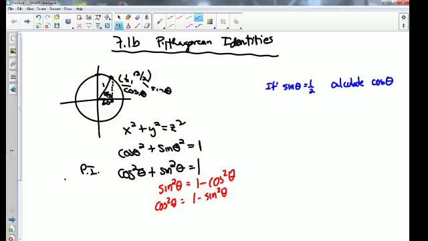You can use the Pythagorean identity here to find cosine. Right, so if I want to find cosine, I'm going to use this one. Plug a half in, do the math. Right, so sine is a half.